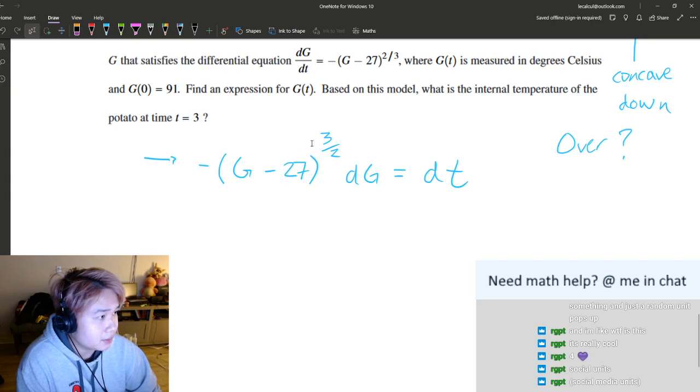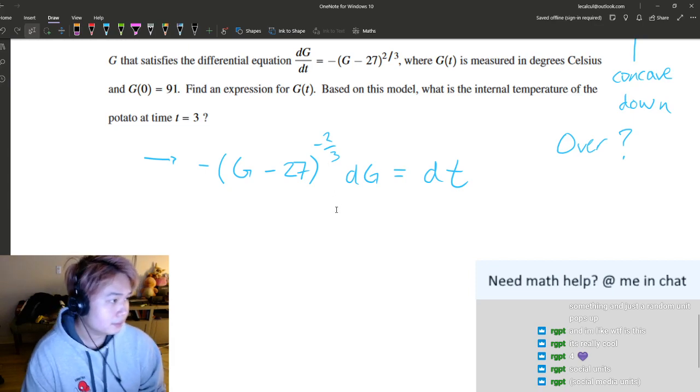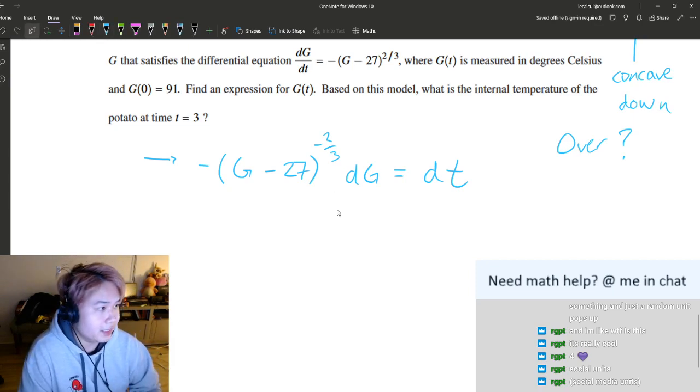I guess something like this, right? Or is this negative? I think this is negative 2 over 3. Okay, so we separate and then we can integrate.